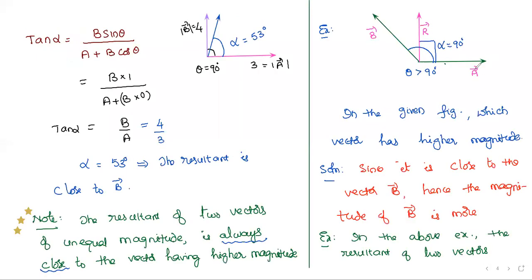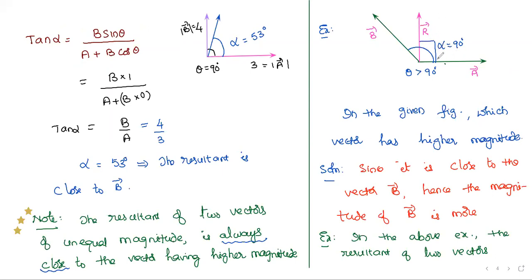It is always close to the higher magnitude, meaning always far away from the lower magnitude. So perpendicular to the vector having lesser magnitude. Perpendicular to this lesser magnitude, A bar has the lesser magnitude.